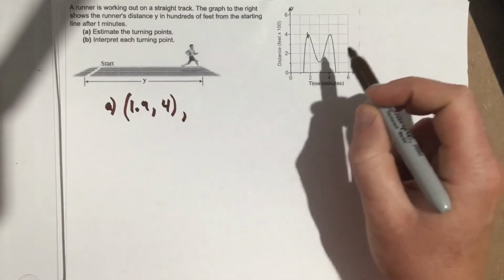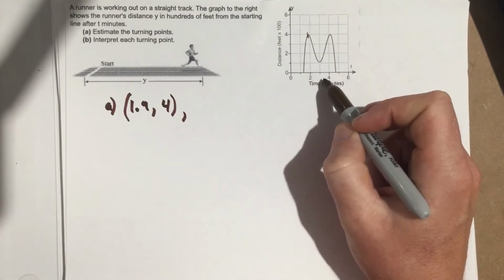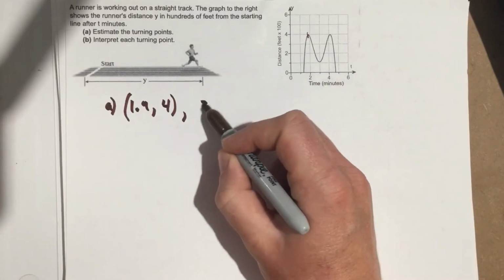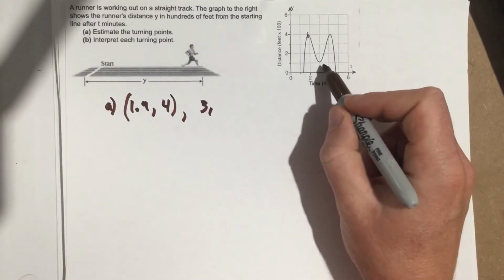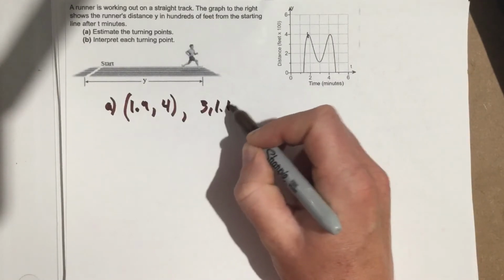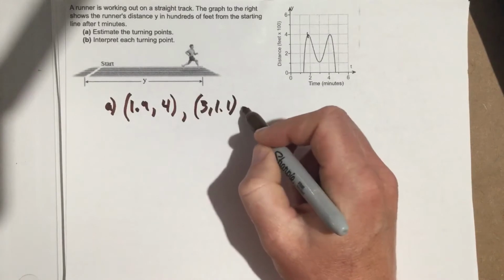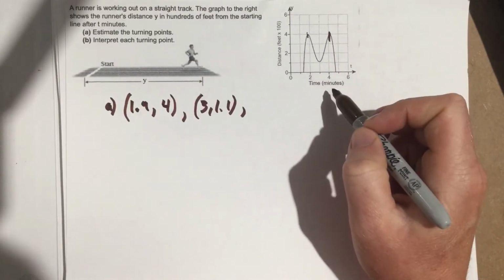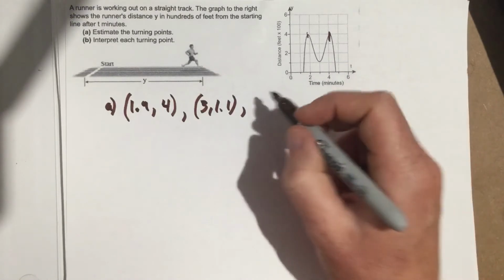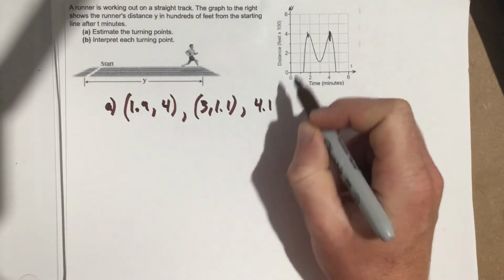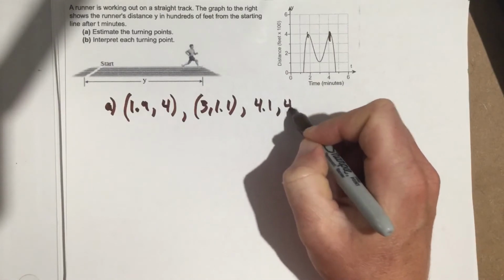And then if we go down here, this would be at 3 comma, that's about 1.1. And then if we look right here, that's at 4.1. And that's also back to 4.